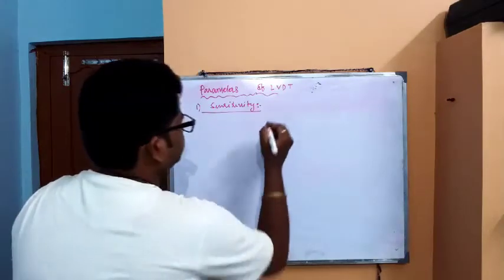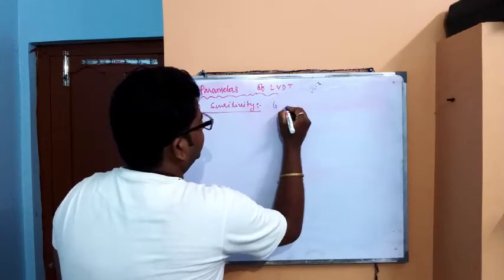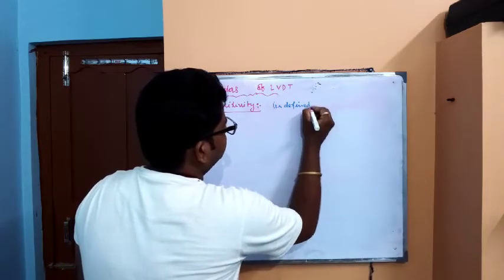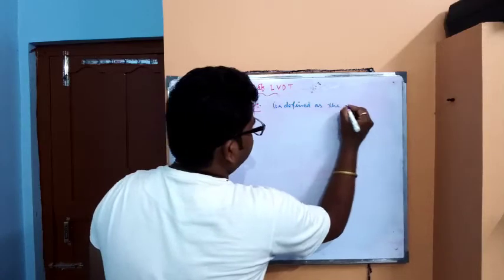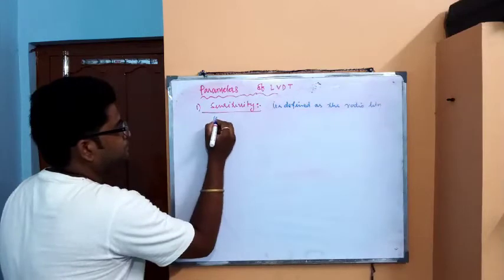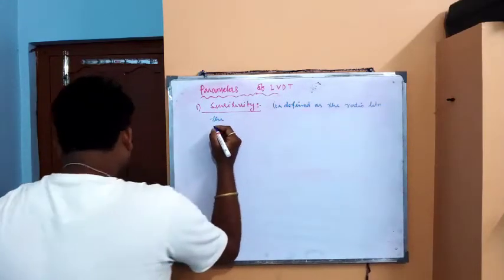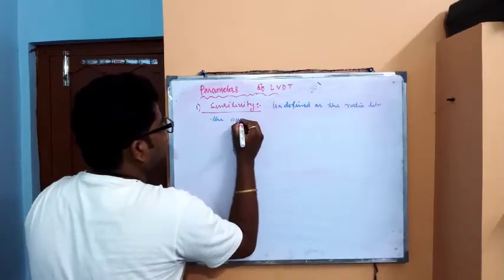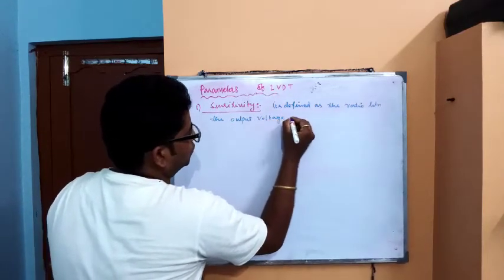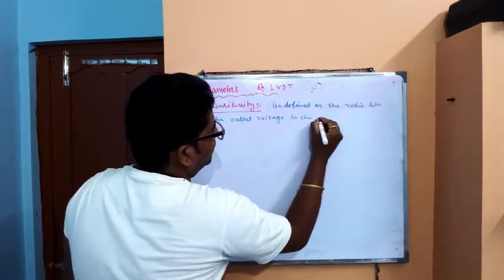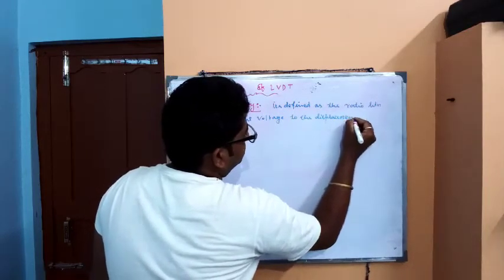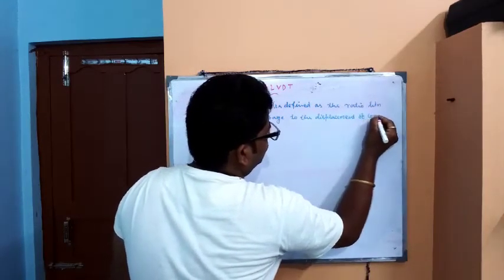So it is defined as the ratio between the output voltage to the displacement of the core.